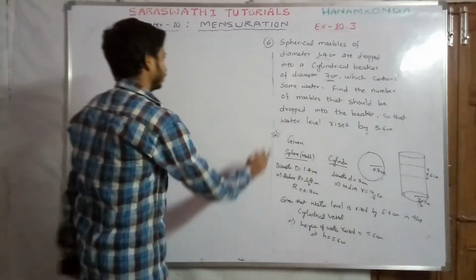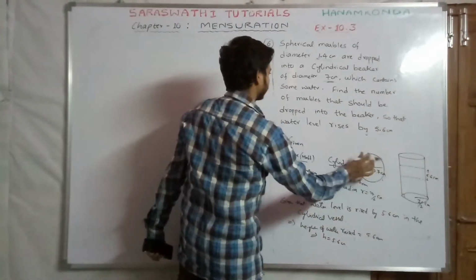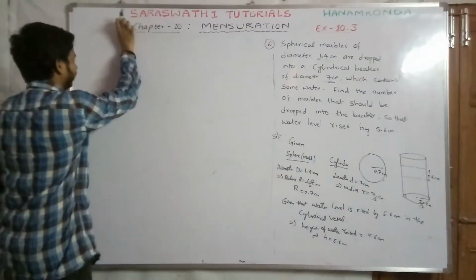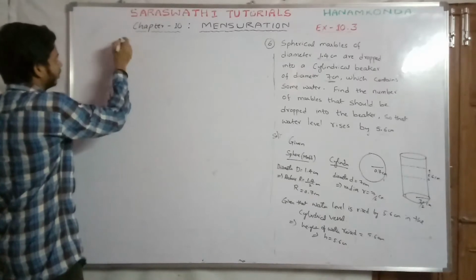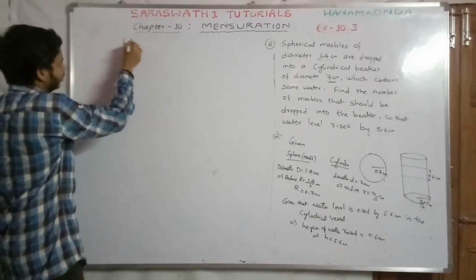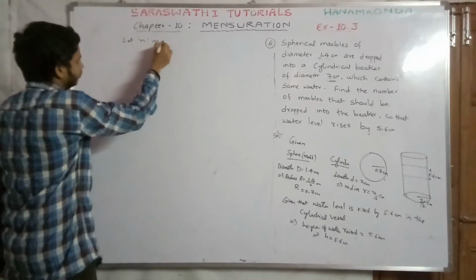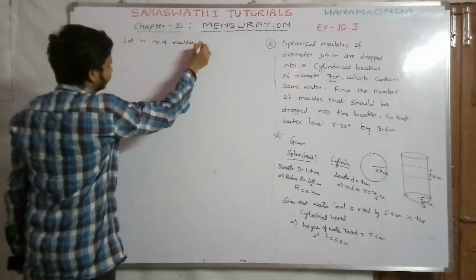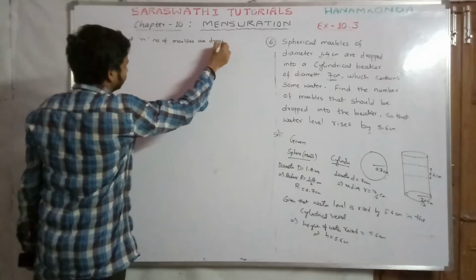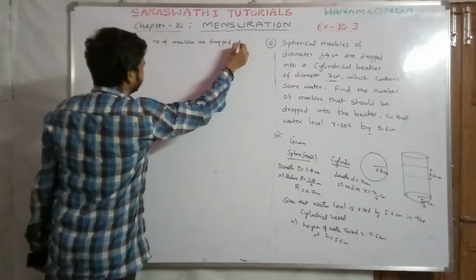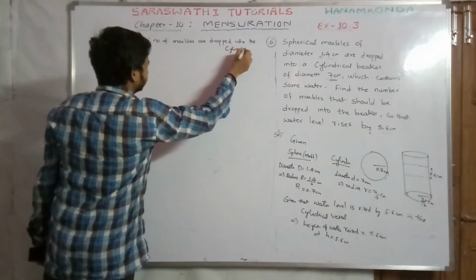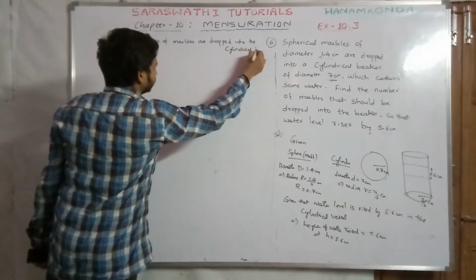Now, since the marbles are dropped into the vessel, the volume of n marbles is equal to the volume of the water level rise. Let n marbles be dropped into the cylindrical beaker or vessel.